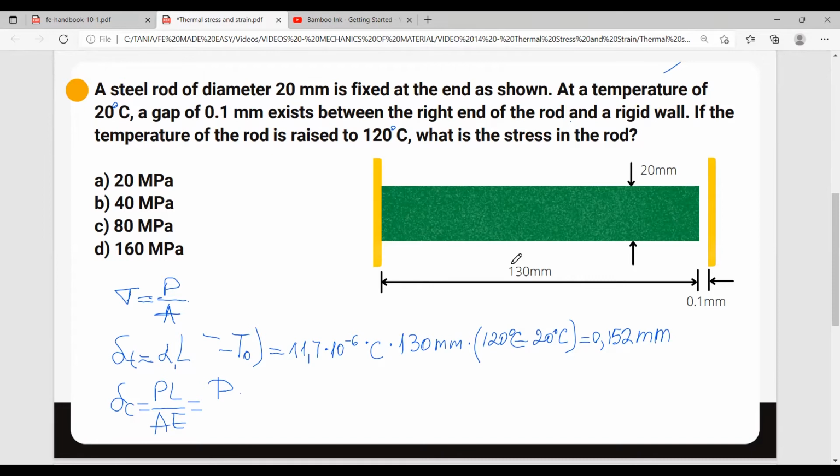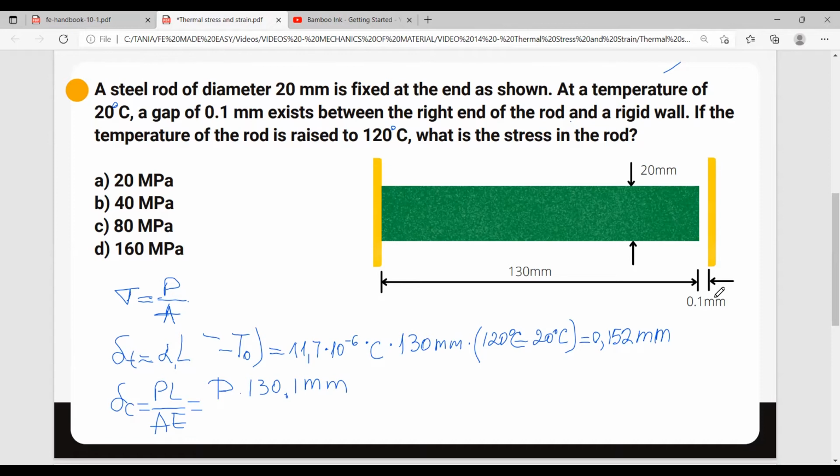The length of the rod, once it reaches the wall, is going to be 130 millimeters plus 0.1 millimeters. So the total length of the rod at that point is going to be 130.1 millimeters. And I think we have to transform this into meters because the modulus of elasticity is usually given in meters.